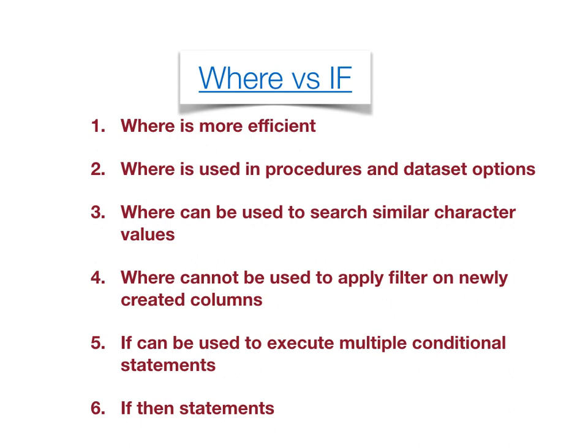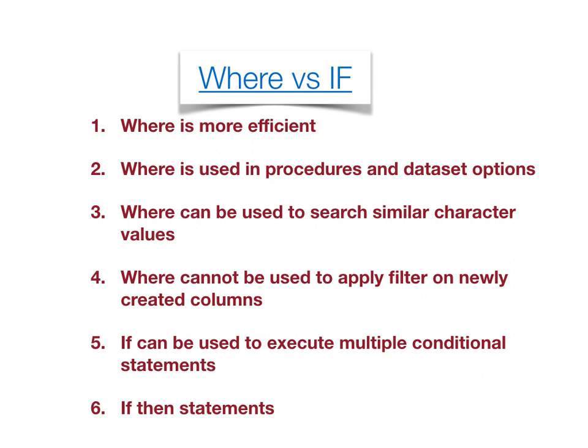Where cannot be used to apply a filter on newly created columns. What it means? Say, for example, I have created a new column age underscore month, and I want all the rows where age underscore month is greater than 250. So what happens if I put the where clause there? Where will throw an error.